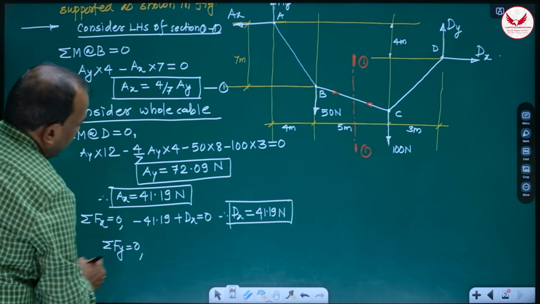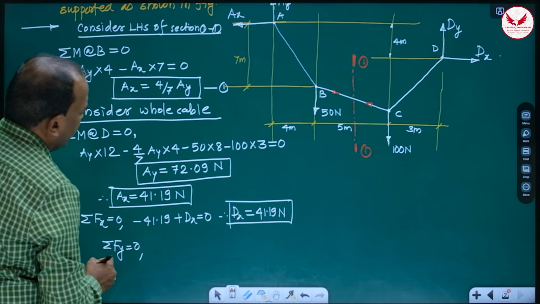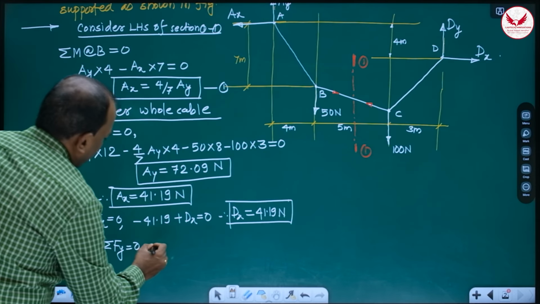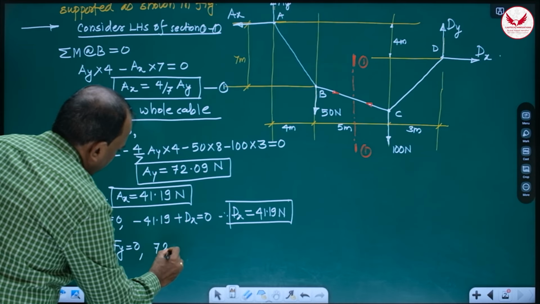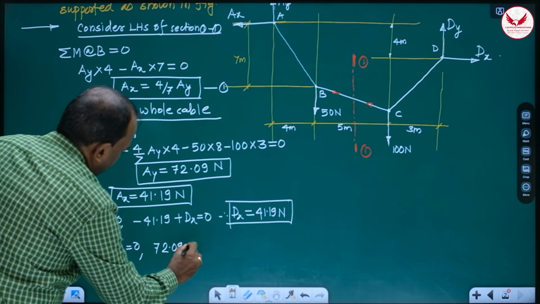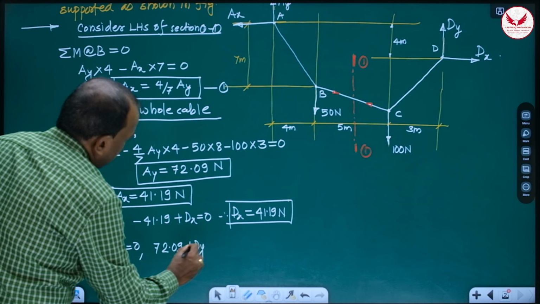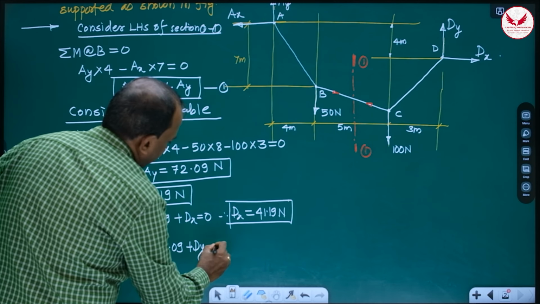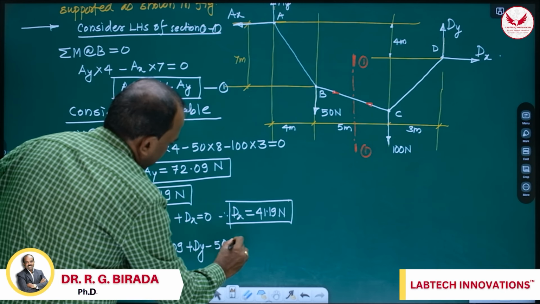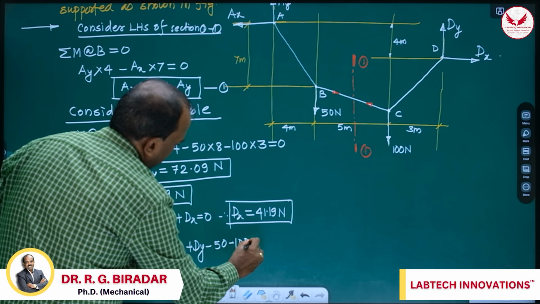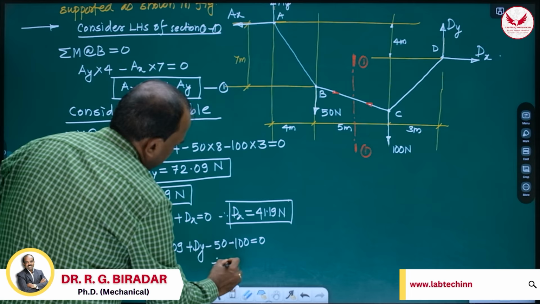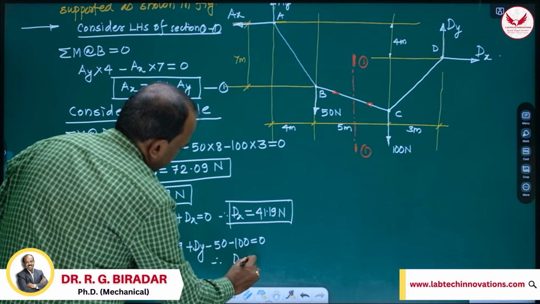And if we use summation FY is equal to 0, what will we get? AY we know, 72.09, plus DY, which is unknown, minus 50 minus 100, is equal to 0. Hence, we will get DY also.